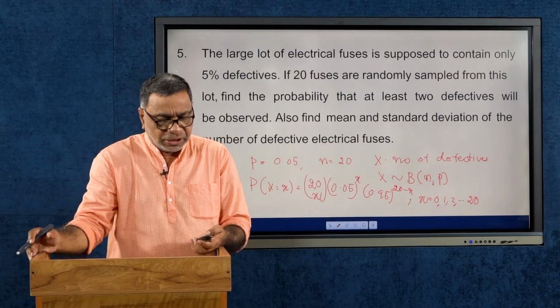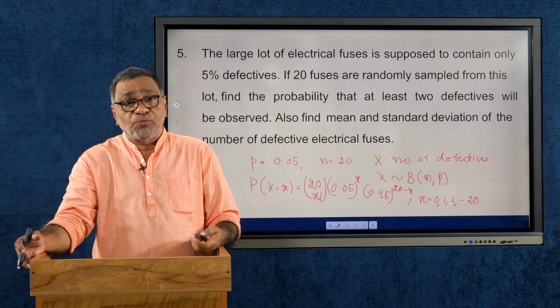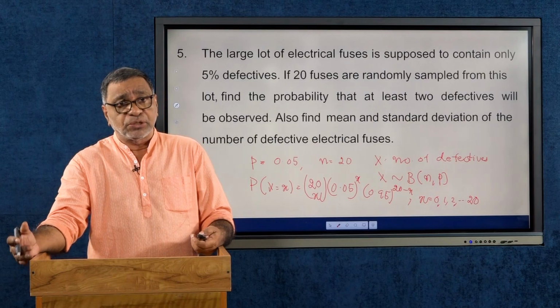In addition to that, another question here is to find the mean and standard deviation. How do you find the mean and standard deviation of this particular problem?